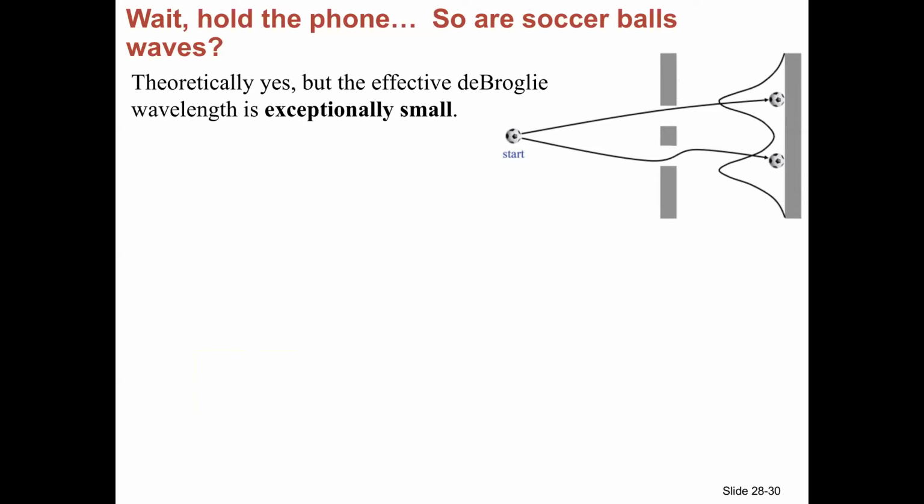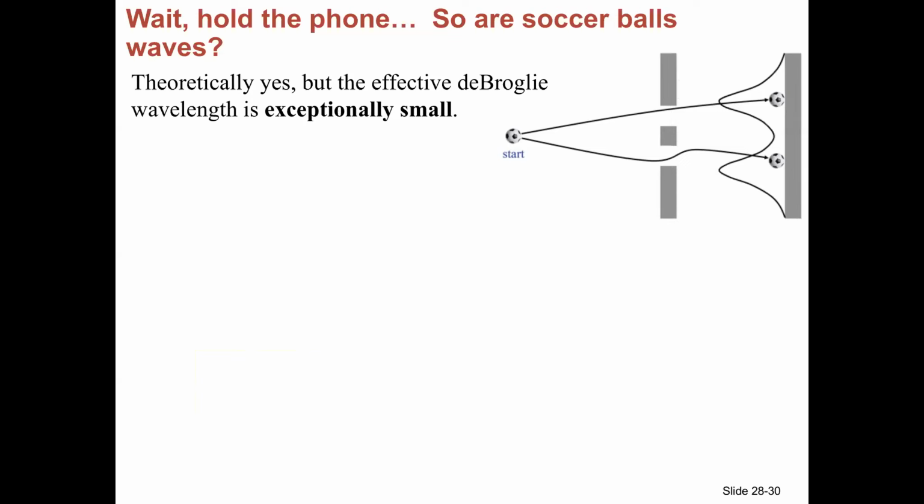And this is a completely patently ridiculous concept. A soccer ball is clearly not a wave. It goes through one or the other, and if you hit somewhere in the middle, it won't go through the slits at all. So what is happening here?